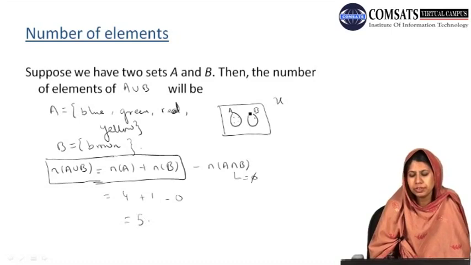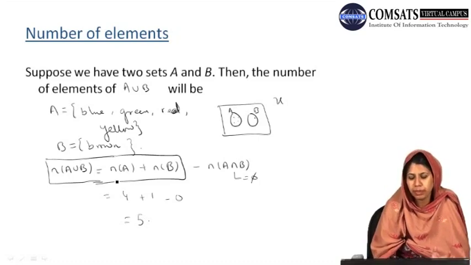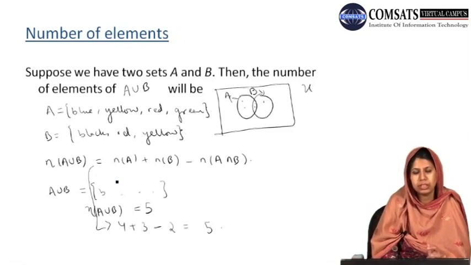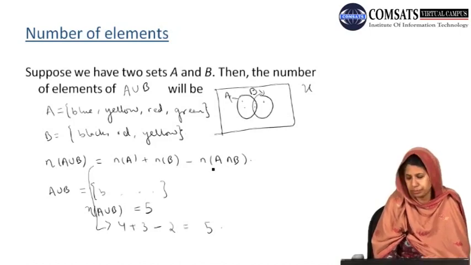So if two sets have nothing in common, then the number of elements of their union is calculated as the sum of the number of elements of both the sets. But if two sets have something in common, then the number of elements of their union is calculated as the sum of the number of elements of the two sets minus the number of elements common to both.